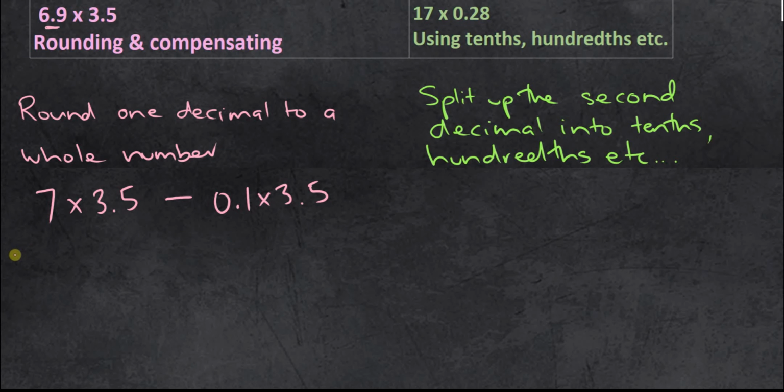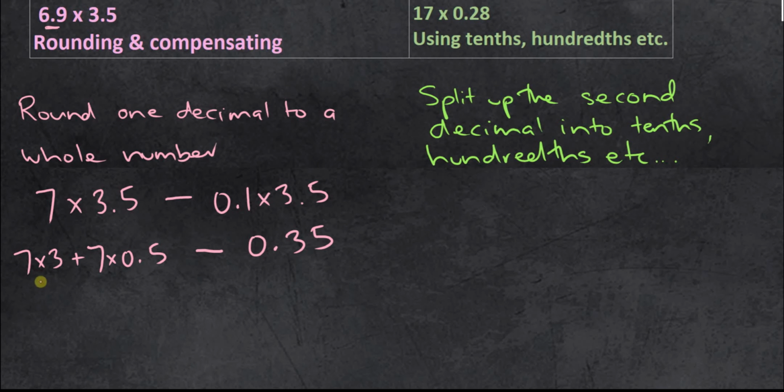Okay, so this is the same as 7 times 3 plus 7 times 0.5. And that's minus 0.1 times 3.5, which is 0.35.